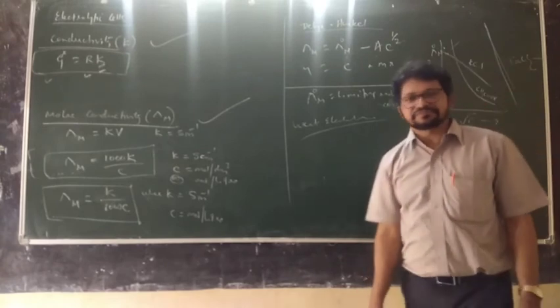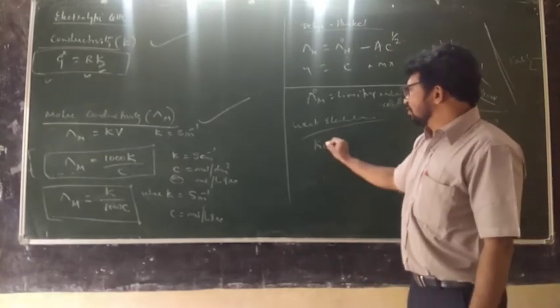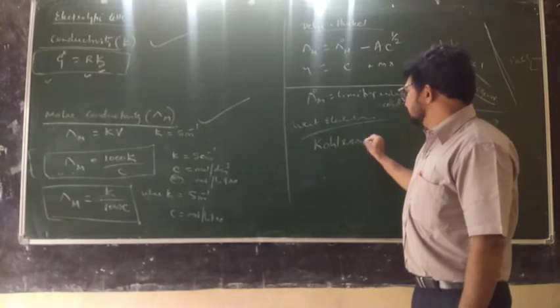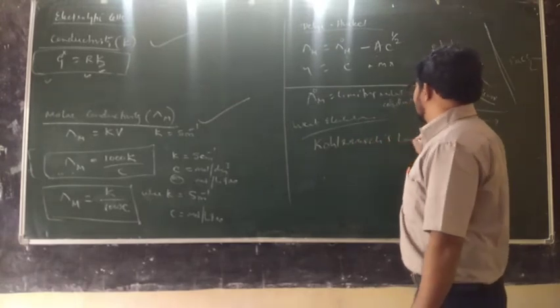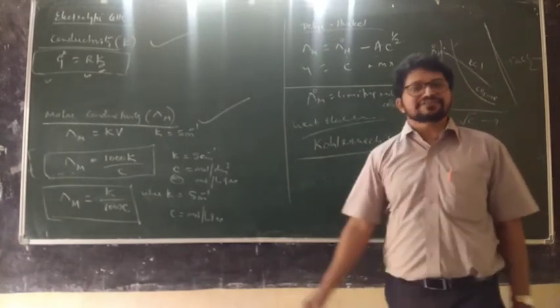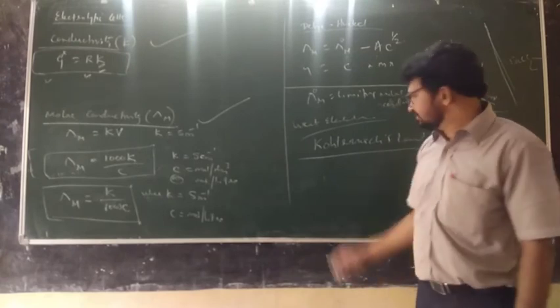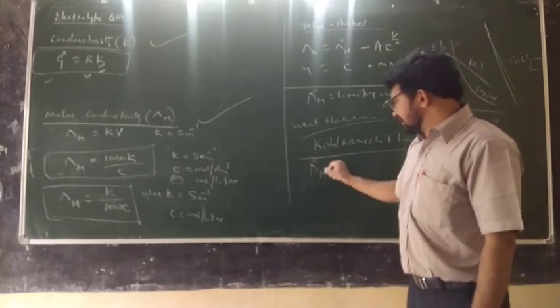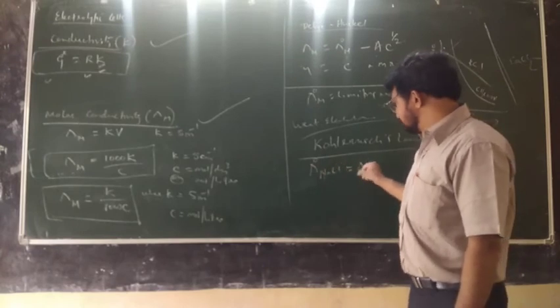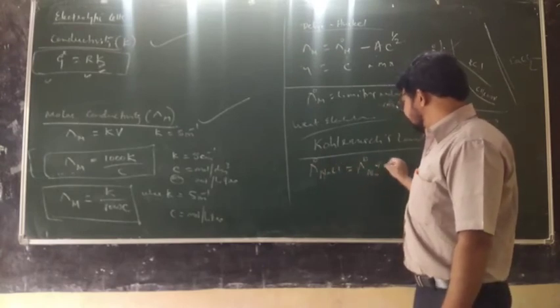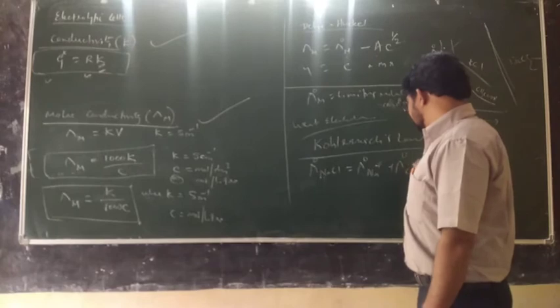Then what comes? Kohlrausch's law of independent migration of ions. What is Kohlrausch's law? Lambda naught of NaCl is lambda naught of Na plus plus lambda naught of Cl minus.